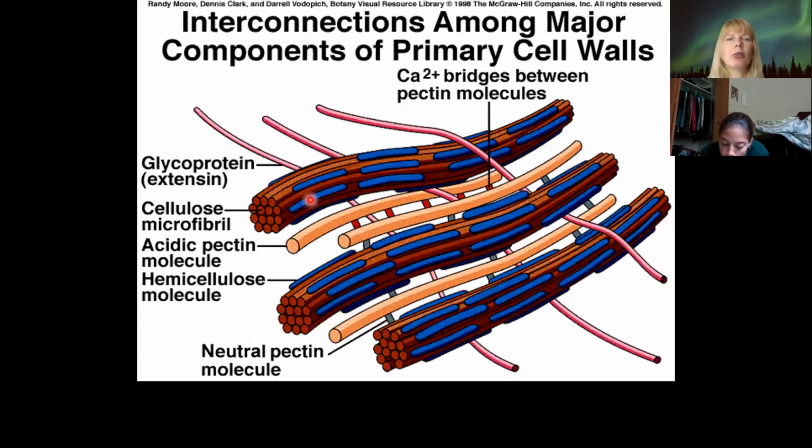So cellulose and hemicellulose, in this picture, they're showing it as these kind of brownish red structures, and then the hemicellulose is kind of laid down around the cellulose, and in this picture, it's blue. But then you see that there's also proteins involved and pectins, all right?